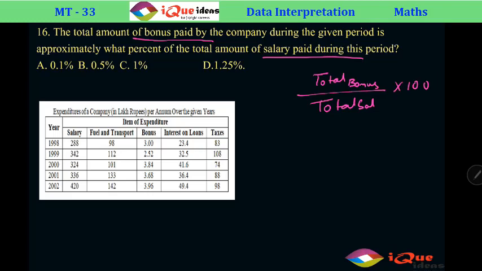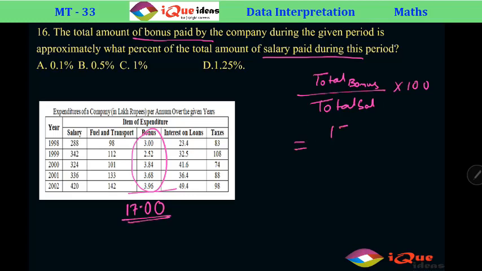Now for total bonus, add all of them simply. If you add carefully, 2 plus 4, 6 plus 8, 14 plus 6, 20, so 0. 2 and 5, 7 and 8, 15 and 6, 21 and 9, 30, 0. 3 and 3, 6 and 2, 8 and 3, 11 and 3, 14 and 3, 17. So it is 1700 lakhs.